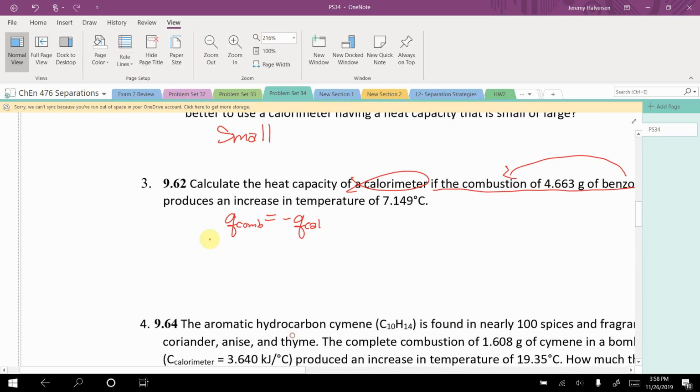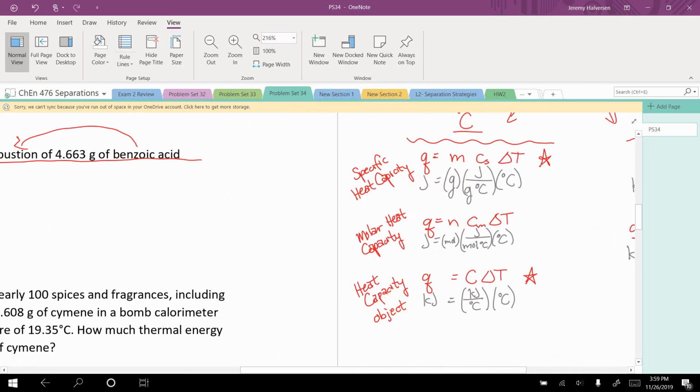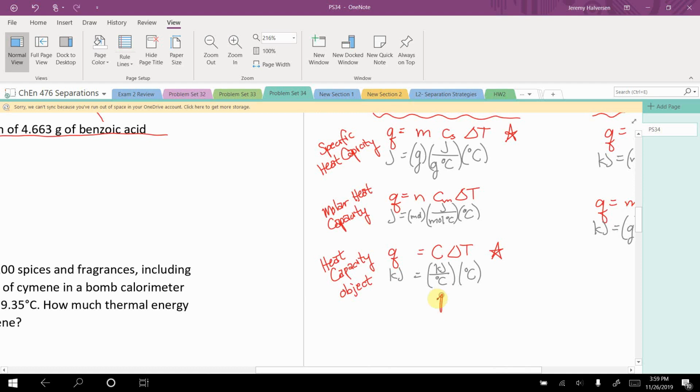So I'm going to replace Q combustion with n times delta H combustion. It's going to be negative, and what's happening to my calorimeter? It's changing temperature, so it's going to be an mCΔT type equation. But again, it's an object, so we're just going to use big C. And remember that big C is just in kilojoules per degree Celsius, so I only need to multiply by degrees Celsius to get my Q.